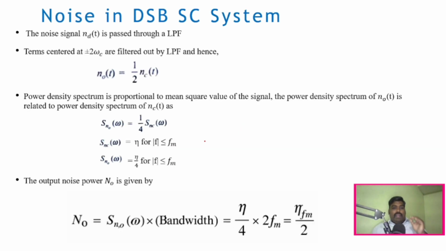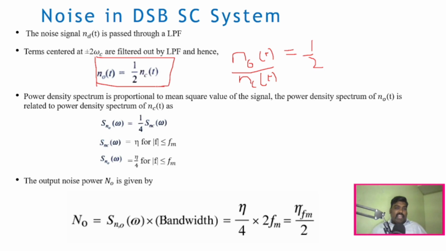Now this is what we have obtained. We can also write it this way, n naught of t by nc of t is equal to 1 by 2. And now we have obtained the noise: the output noise is half of the input noise. That is what we have obtained.